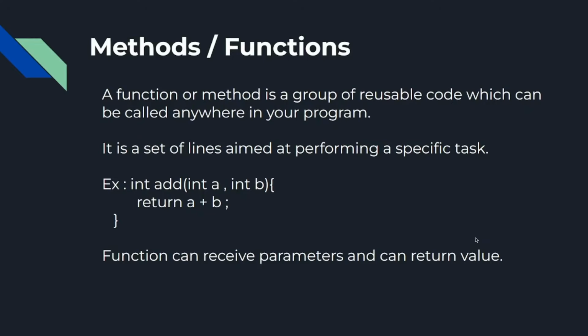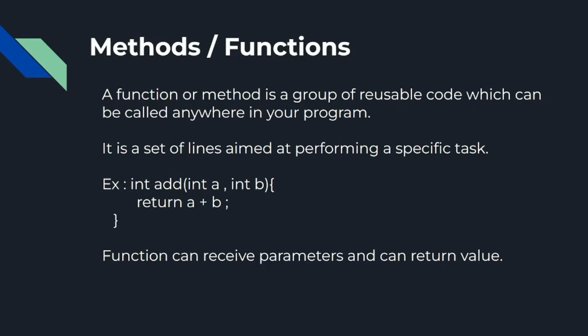Methods or functions. A function or a method is a group of reusable code which can be called anywhere in your program. It is a set of lines aimed at performing a specific task.